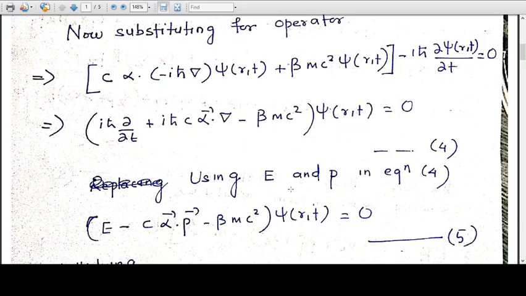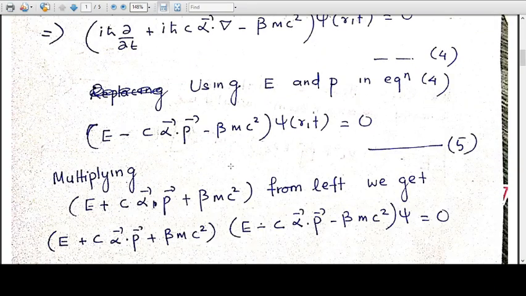Now what is this? This is E psi minus C alpha dot P minus beta MC square psi of r,t equal to 0. Now look at equation 5. What you will do is multiply (E plus C alpha dot P plus beta MC square) from the left to equation 5.